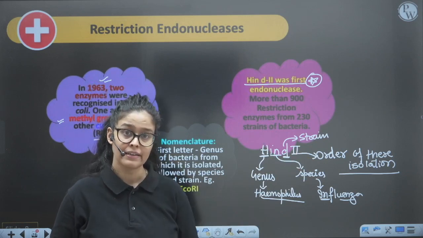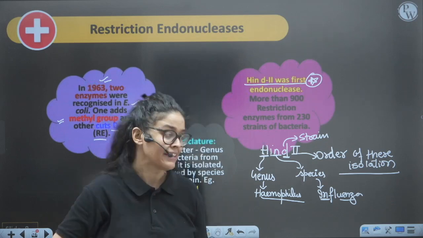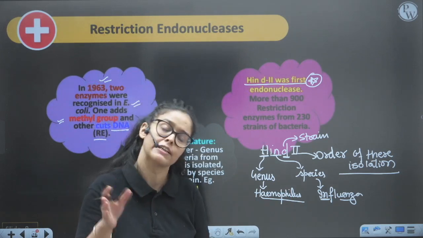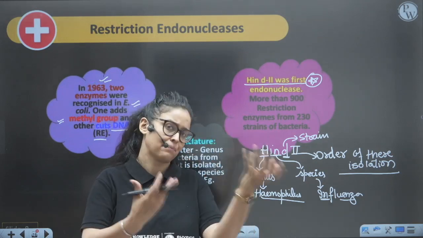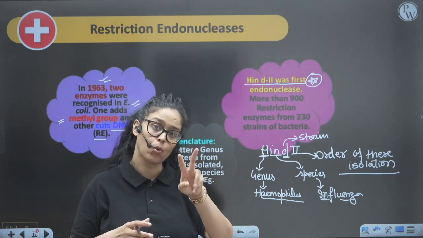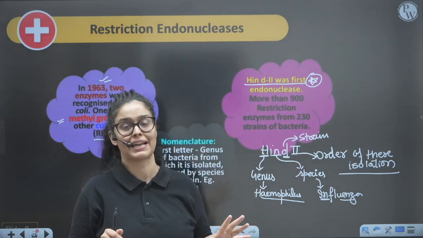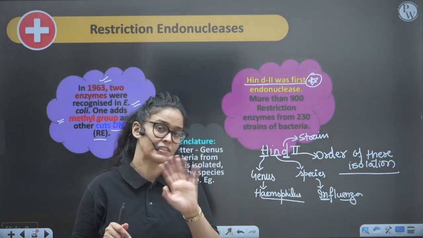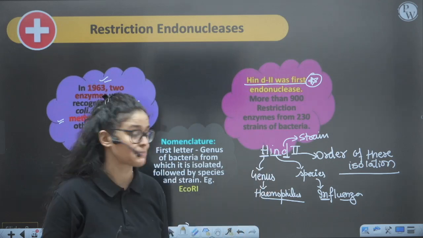It should be given number 1. But the first enzyme taken out from Haemophilus was actually not a restriction endonuclease, it was some other enzyme, perhaps an exonuclease. We are talking about endonucleases. So this was the second enzyme but the first restriction enzyme. It was the second enzyme because the first was some other enzyme, not a restriction enzyme. But this is the first restriction endonuclease isolated from this bacteria, right?